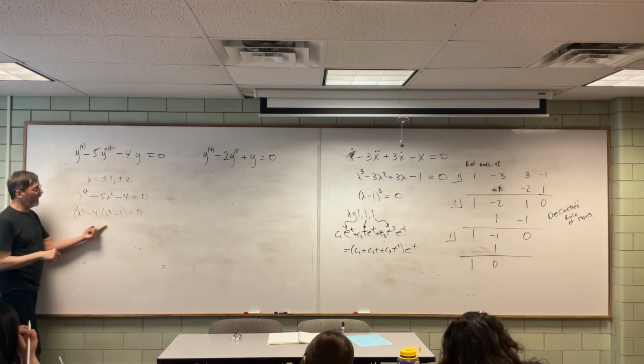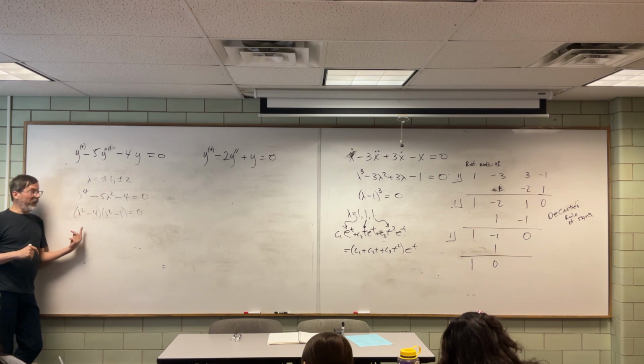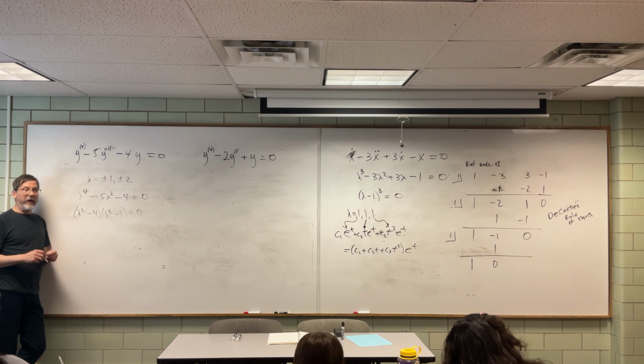On this first one, if you can catch that this is a quadratic in lambda squared, you can get this beautiful factorization out and then get the plus or minus 2, plus or minus 1 right out of that.